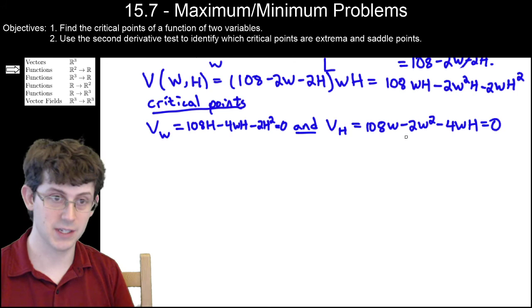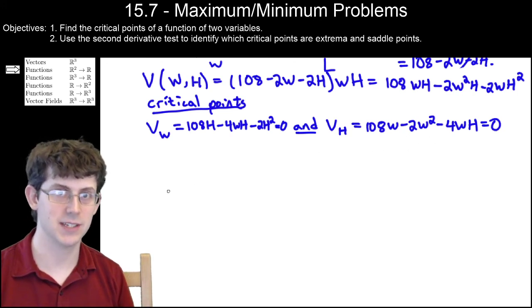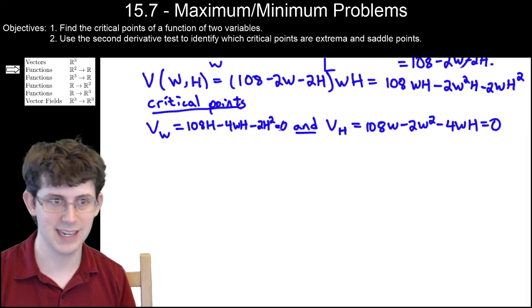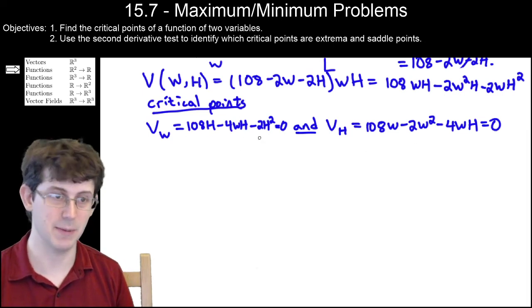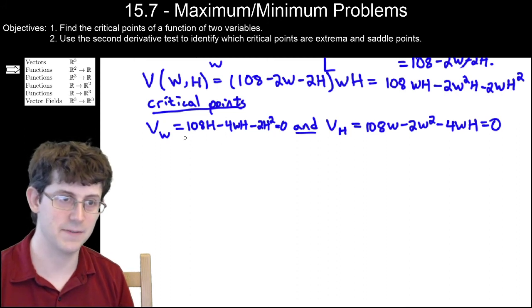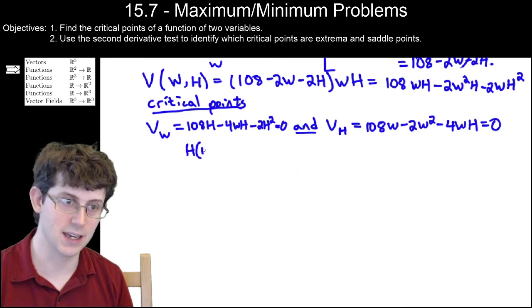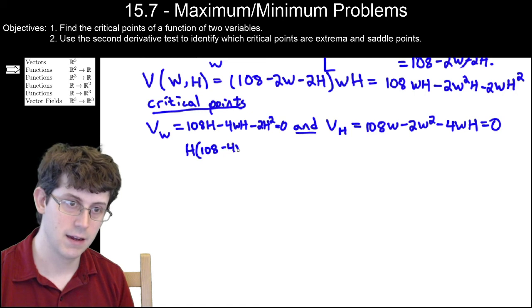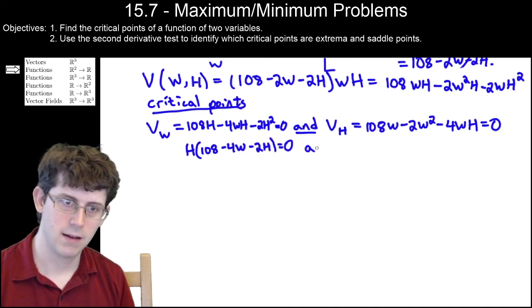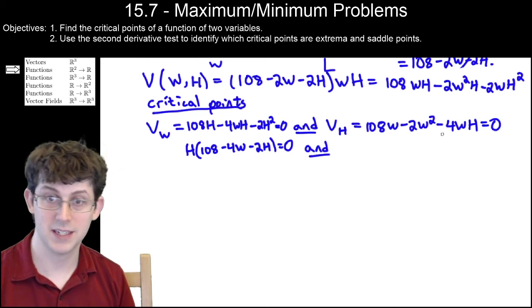So this is a system that I'm solving, and I'll use the same trick I've been using repeatedly: whenever I have a system I'm solving, I try to get a handle on the equations first, maybe by factoring them. This time, I again have common factors, where there's an h in common over here and a w in common over here.